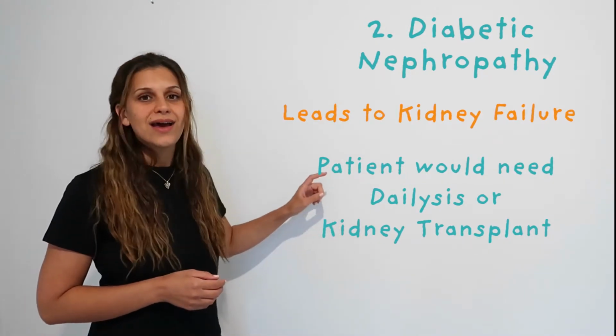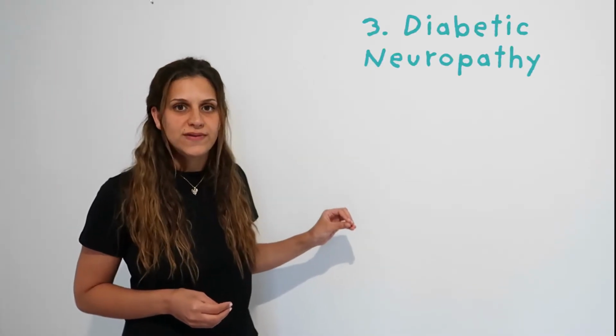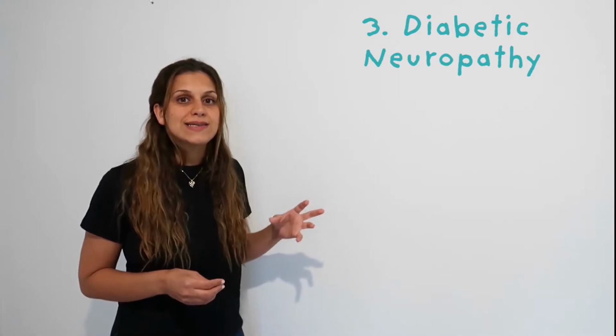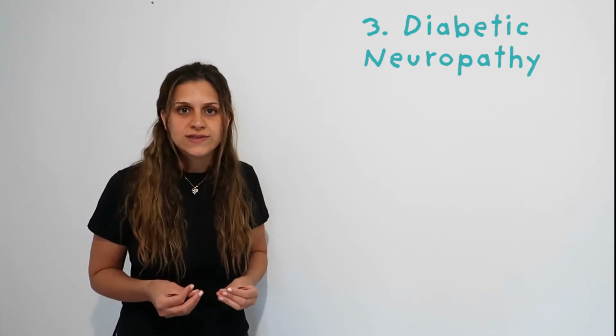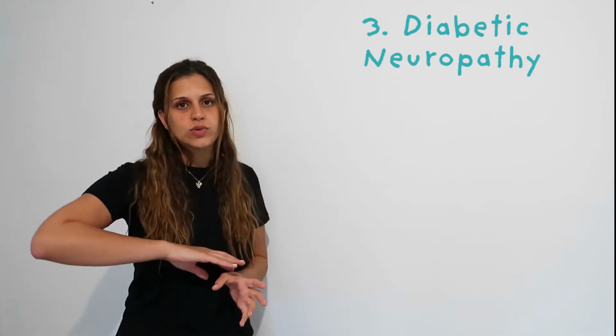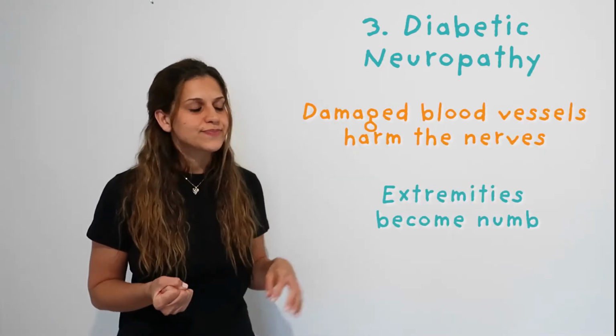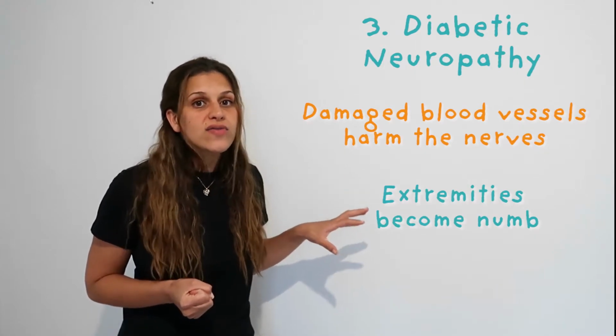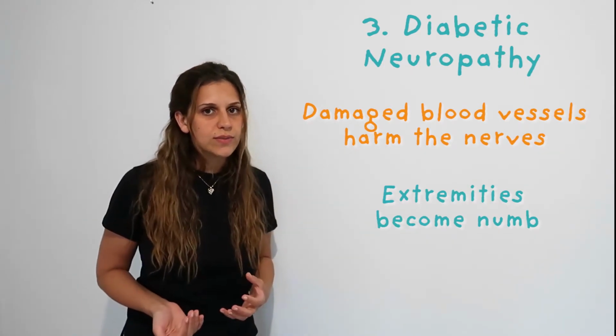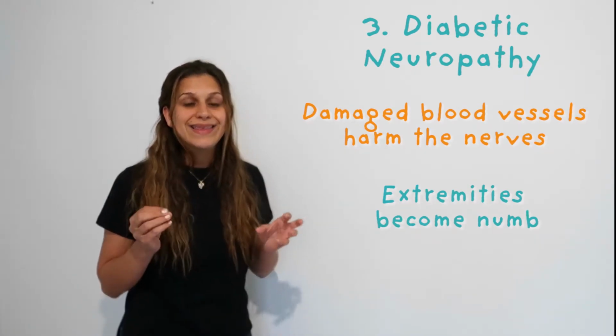And the last micro complication is actually diabetic neuropathy. And neuropathy is basically damage to the nerves. Again, the blood vessels are damaged, so they do not supply the nerves with the oxygen that they need, right? And so nerve damage can occur anywhere in the body, most commonly in the extremities.